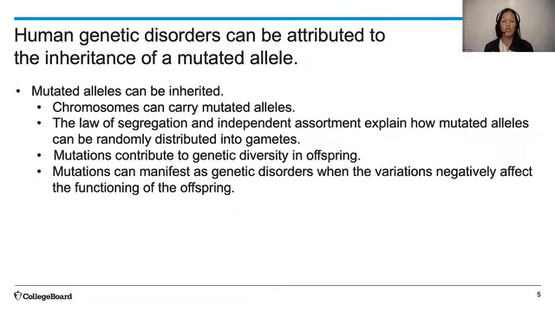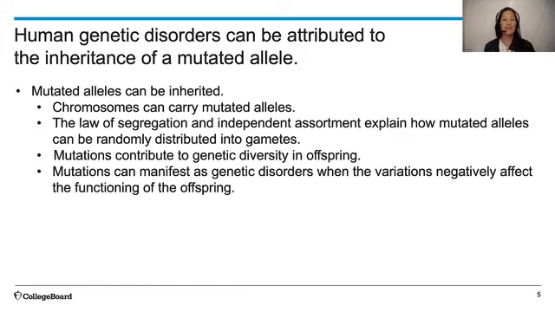The laws we just talked about, segregation and independent assortment, are going to explain how these mutated alleles are randomly distributed into various gametes. And these mutations then can contribute to genetic diversity in the offspring. These mutations can manifest as genetic disorders if the variations negatively affect the functioning of offspring.